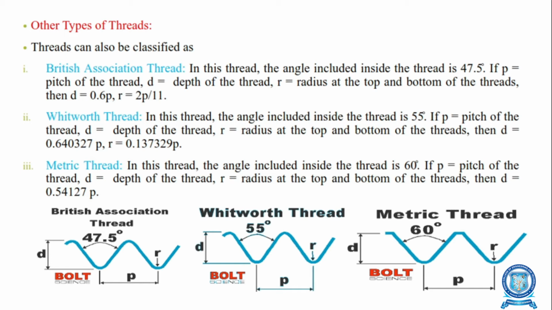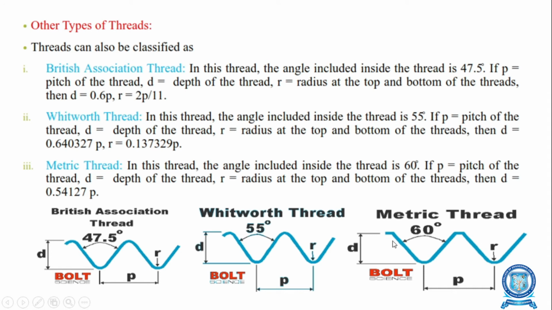In the British Association thread, the angle included inside the thread is 47.5 degrees. In the Whitworth thread, the angle is 55 degrees. And the metric thread has an angle of 60 degrees.